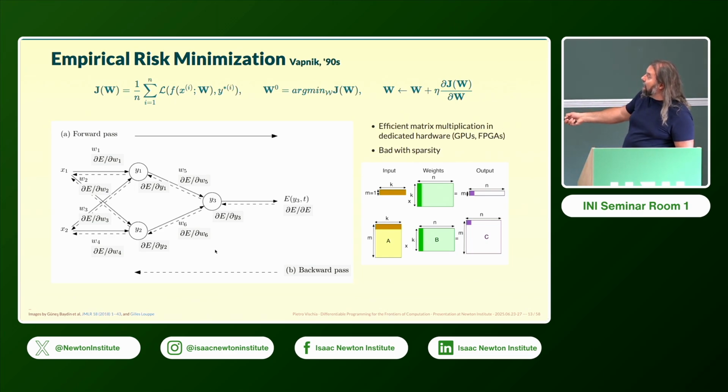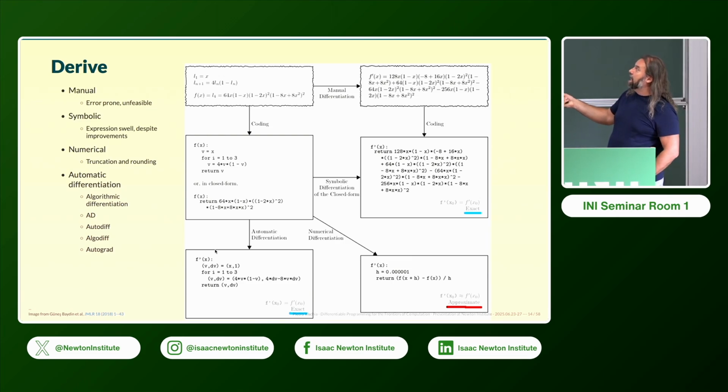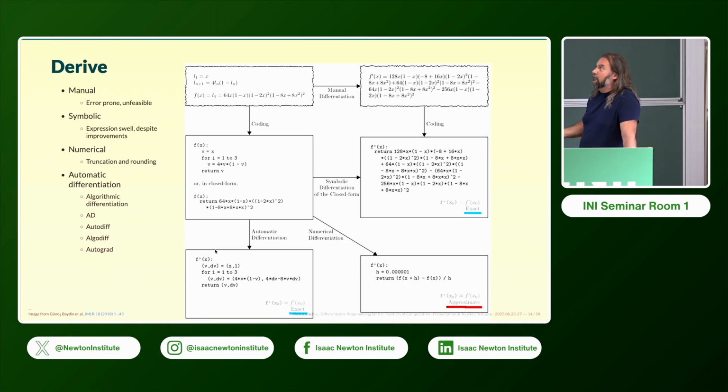To calculate the derivatives in computer code, you essentially use what is called automatic differentiation. If you have a function and you code it, to differentiate it you can either do it manually, but if you have 300,000 parameters in a model, you cannot.